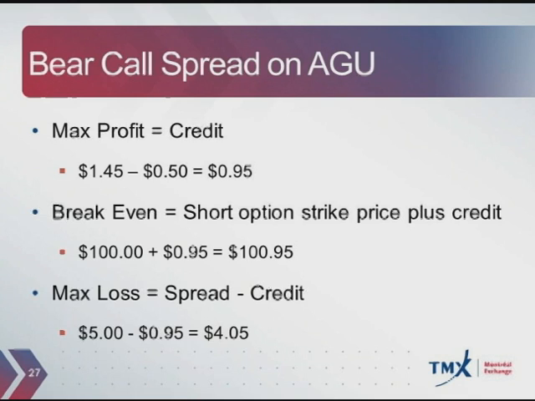Now we want to recognize that our maximum profit is limited to the credit we've received. We can't make any more than, in this case, the 95 cents that we've brought in as a net credit. Our break-even point is the short option strike plus the credit we received.